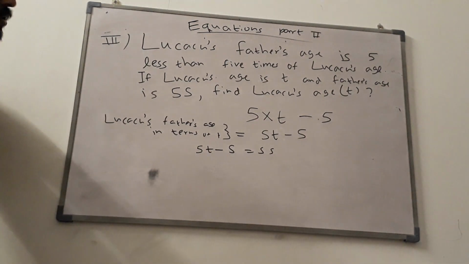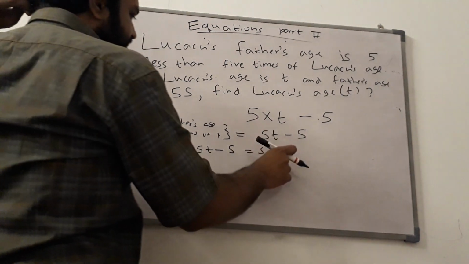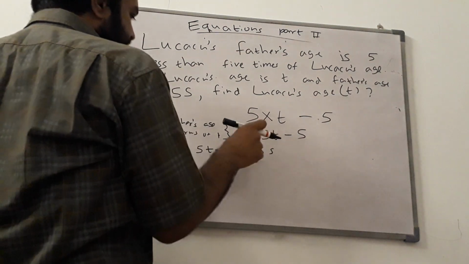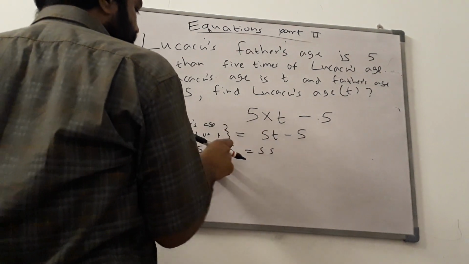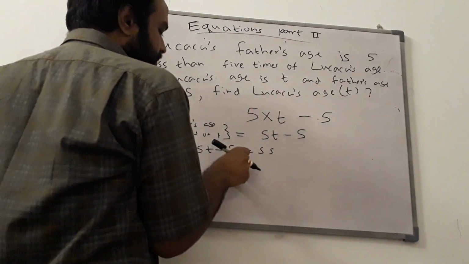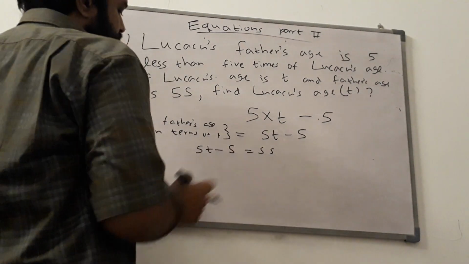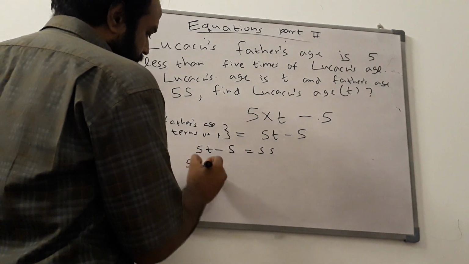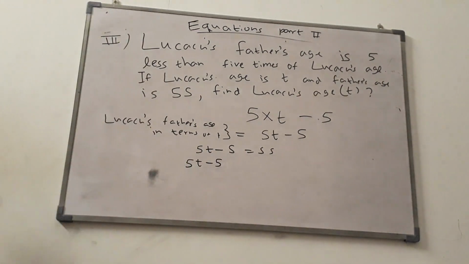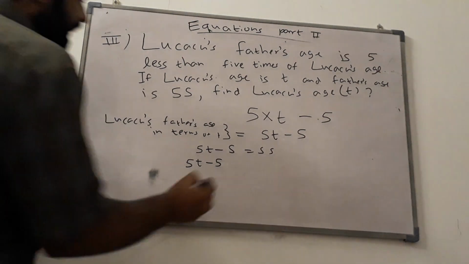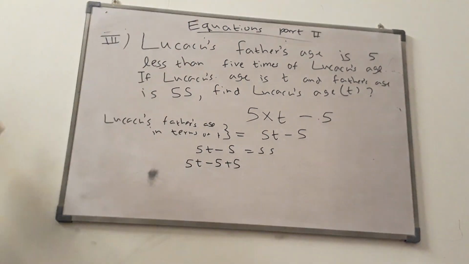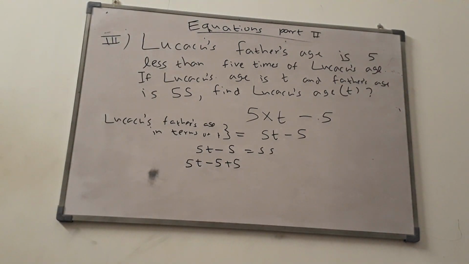Now we want to find Lukaku's age. Father's age is 55. In terms of Lukaku's age, it is 5T minus 5. So to find T, first of all, you have to remove minus 5. To remove minus 5, we have to add 5.